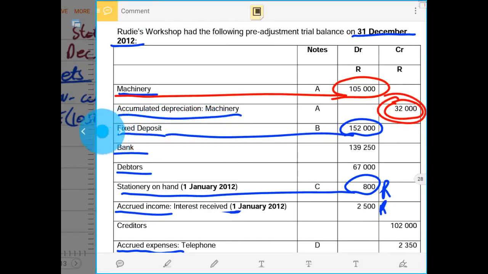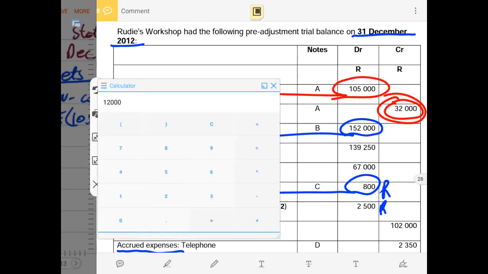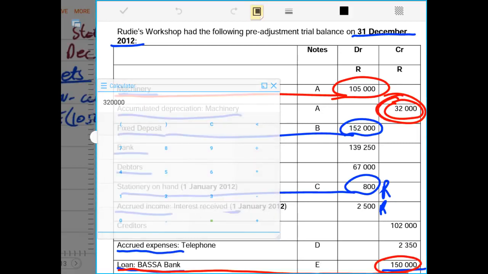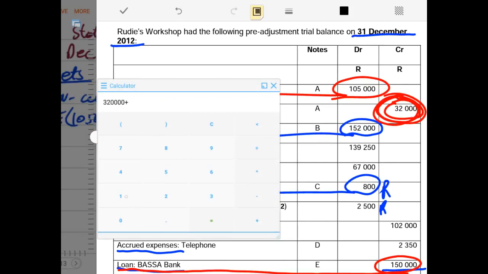So now hence we have to add the two, where we say 32,000 rands, which is this 32,000 rands that we see here, plus 16,000 rands, which is depreciation for the current year.